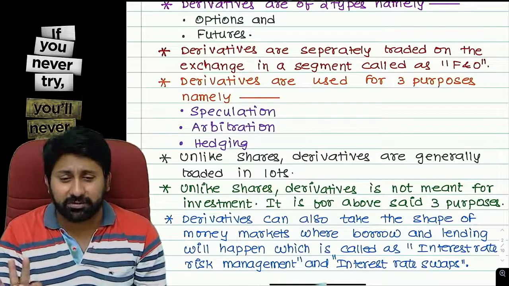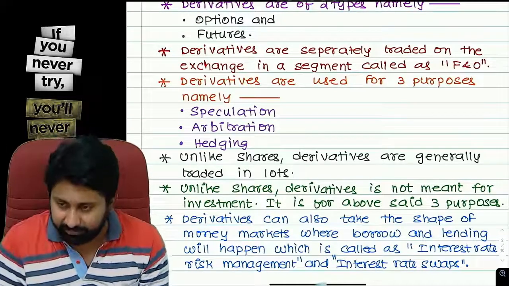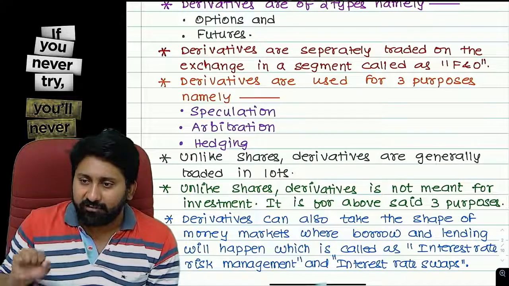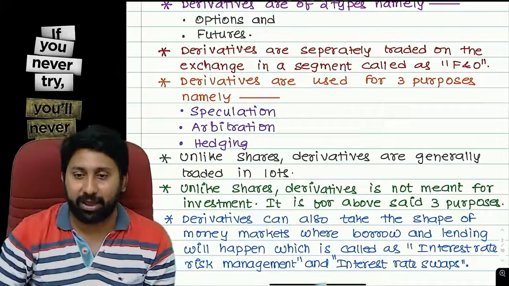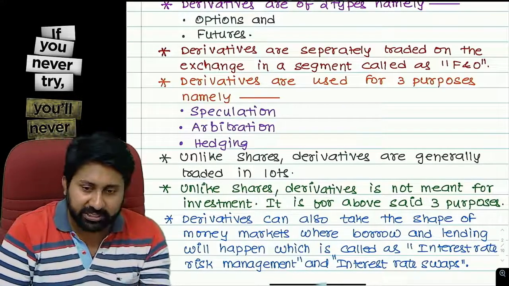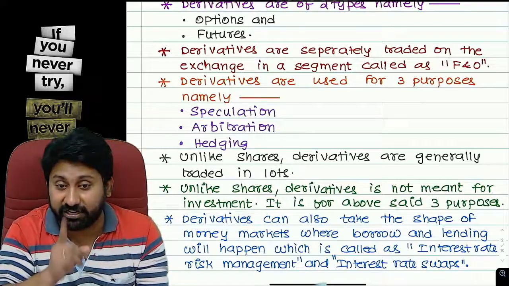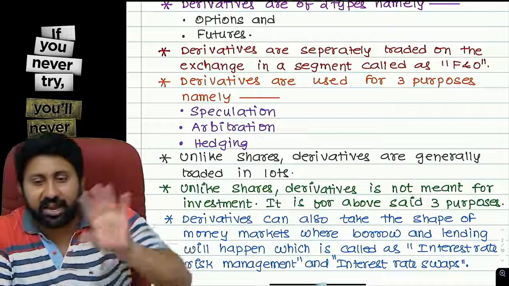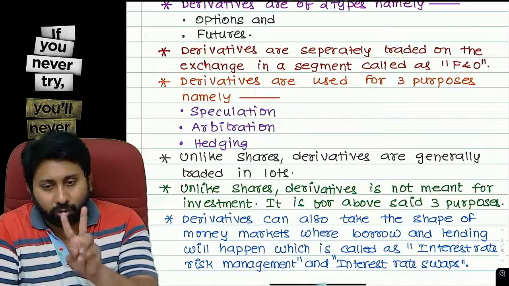Short sale is a concept where I will sell a share without having a share, by borrowing it. To borrow means you have to give back or not? To give back, what you have to do? You have to buy and give back. So, whenever you take buy position in the cash market or sell position in the cash market, you have two risks.